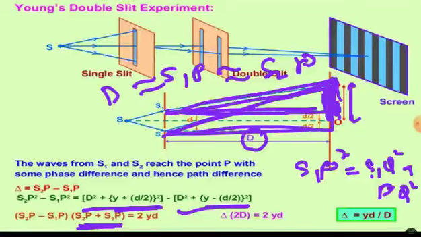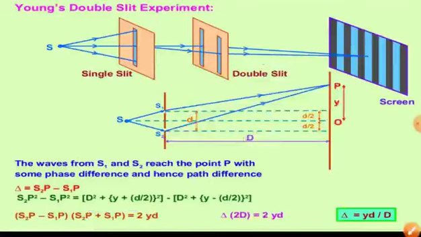The point here that we take as P is also very close to this central point O of the screen. So sometimes we will require that S1P is approximately equal to S2P, and it is also approximately equal to D. After taking all those things, we get S2P minus S1P, which is the path difference that we denote by delta.